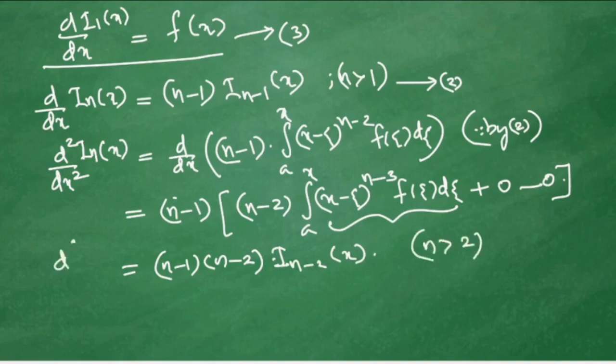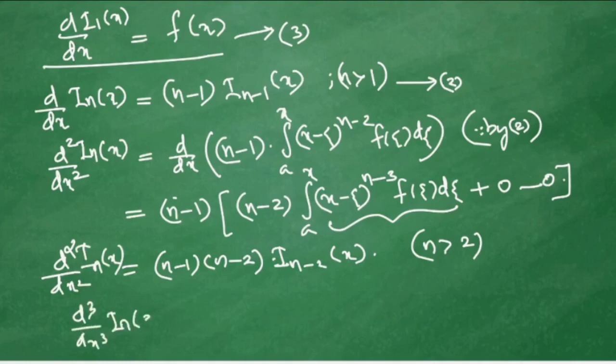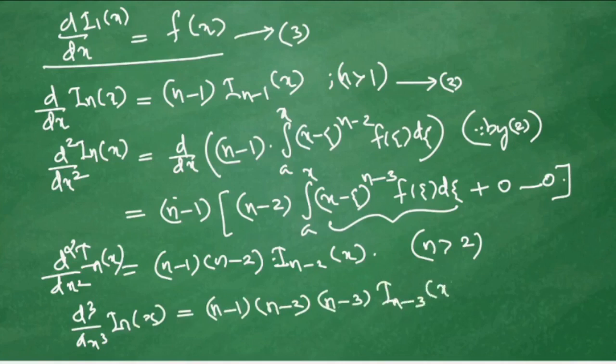So this is our d square by dx square of I n of x. Similarly, we can write d cube by dx cube of I n of x, the third derivative. The third derivative will be n minus 1 into n minus 2 into n minus 3 into I n minus 3 of x provided n is greater than 3.